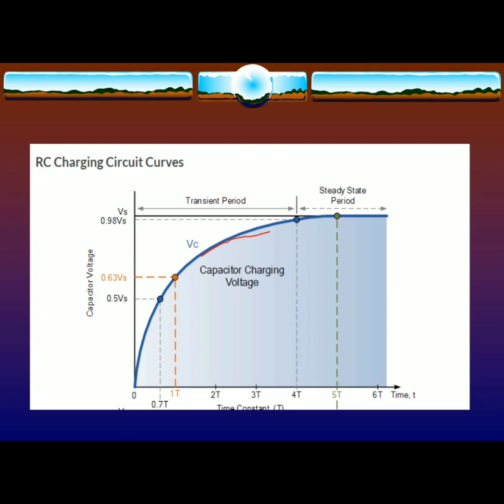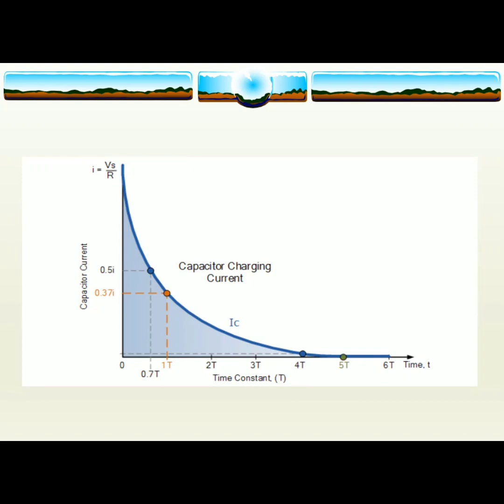The capacitor now starts to charge up as shown, in which the rise in the RC charging curve is steeper at the beginning because the charging rate is faster at the start, and then tapers off as the capacitor takes on additional charge at a slower rate. This is also the capacitor charging current.